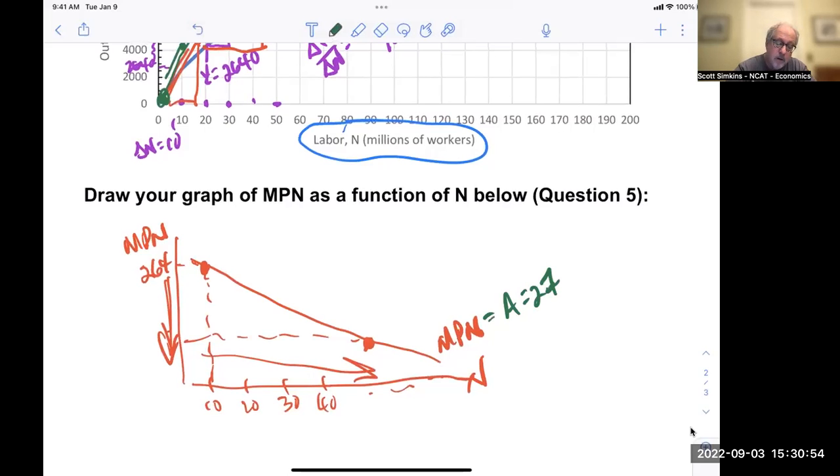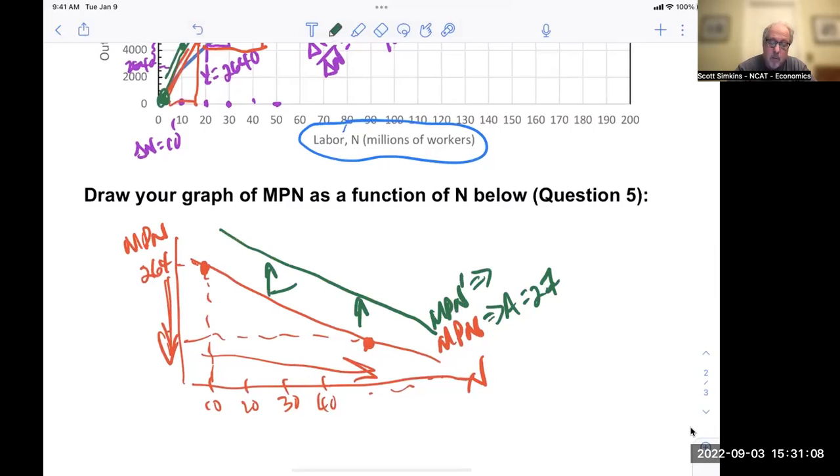What's going to happen is the marginal product of labor for every level of N, MPN prime, is going to be higher. It's going to shift up and to the right when A is equal to 30.